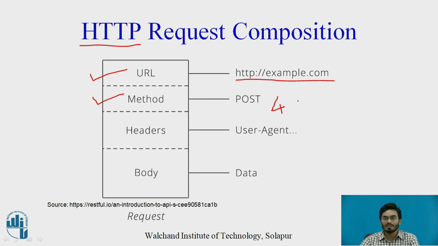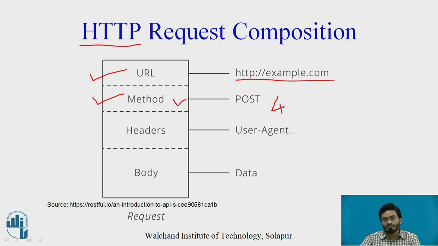These are the four methods which compose this particular HTTP request by mentioning this particular keyword in the method frame of your HTTP request. So depending upon whether you are posting information to the website, or requesting some sort of information from the website, or you want to modify some content on the website, or you want to delete some content on the website.